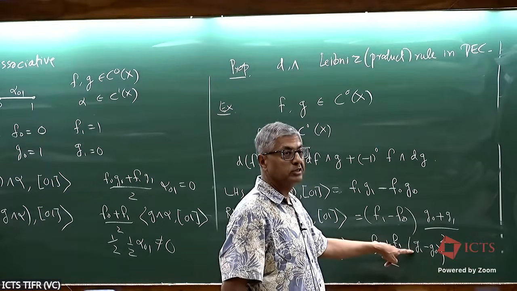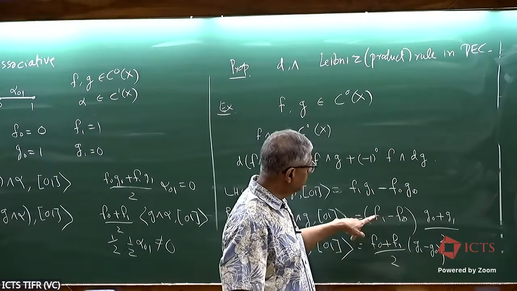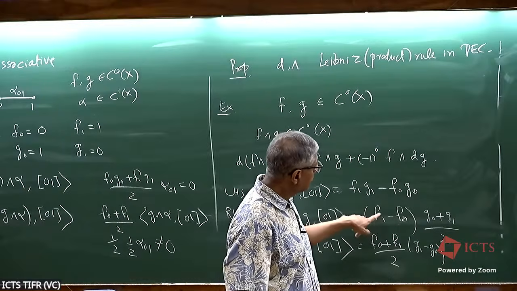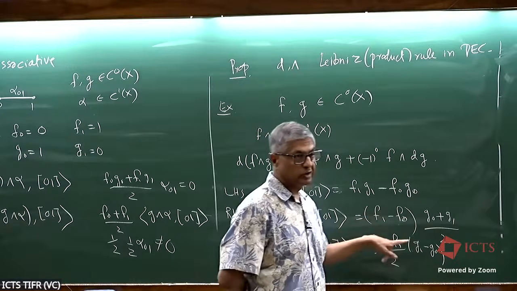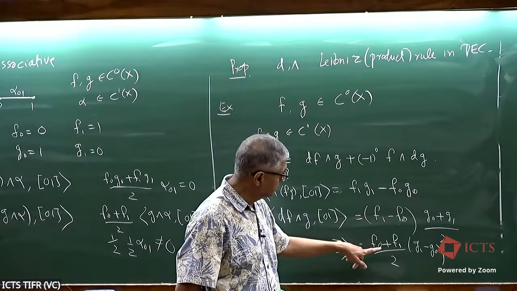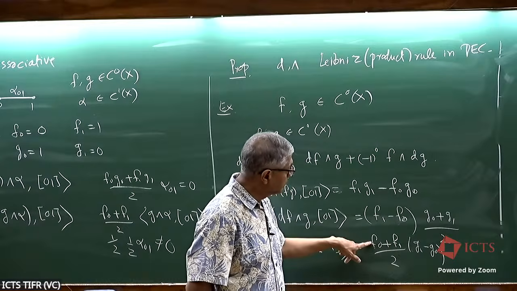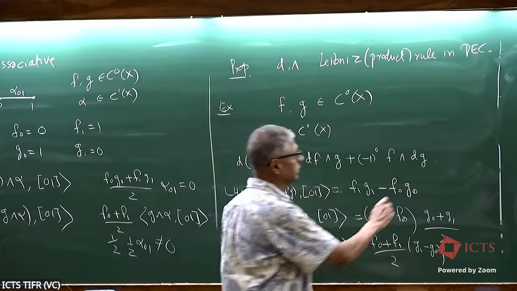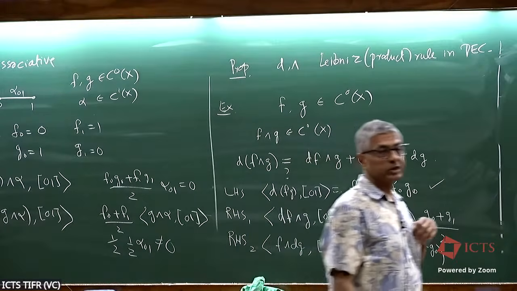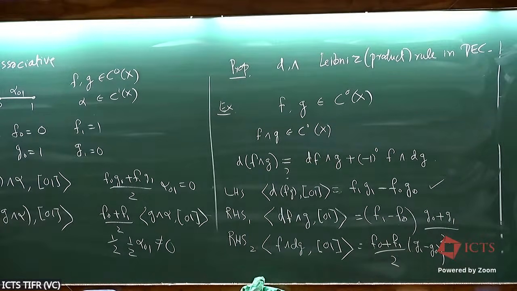So that cross term will cancel. What will remain is f1 g1 divided by 2 minus f0 g0 divided by 2. And here also you will have f1 g1 by 2 minus f0 g0 by 2, which will add up to exactly what you want. So indeed, the product rule is true. And if it wasn't, then I wouldn't be here talking about it.